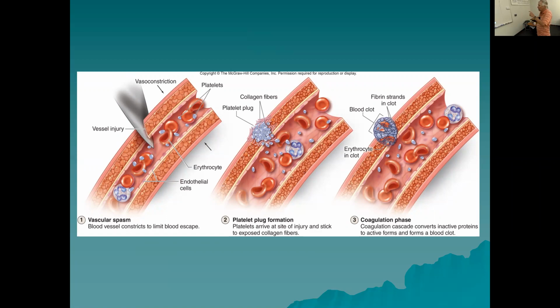A coagulation cascade converts inactive proteins to active forms and forms a blood clot. So what happens is platelets degranulate. They break open and they release these chemicals into the blood that cause a protein cascade of all of these protein factors that are just dissolved in the blood, like fibrinogen.